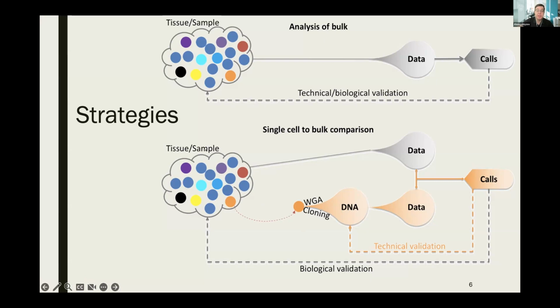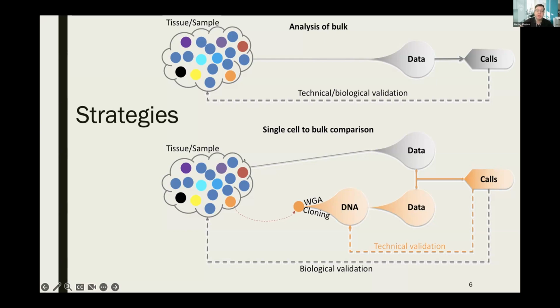The difference between analyzing single cell and bulk is probably clear to you by now. In a bulk, you can only find relatively high frequency mutations, like it is shown here for cells in blue. And in a single cell strategy, theoretically, you can find any mutations, but the question comes of false positives, which you may not be distinguishing, or sensitivity, when you may not be validating all of your variants.